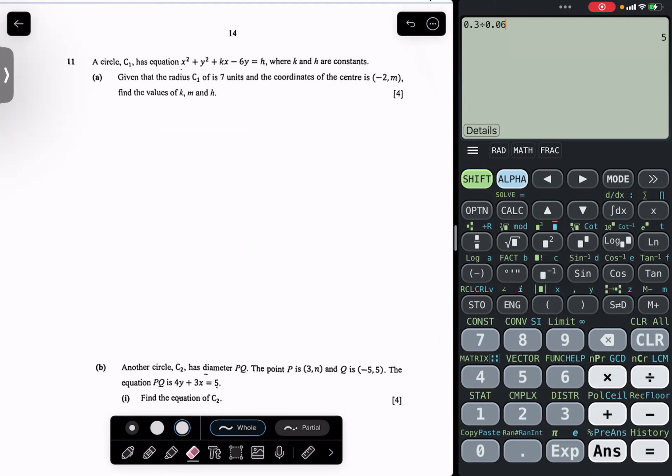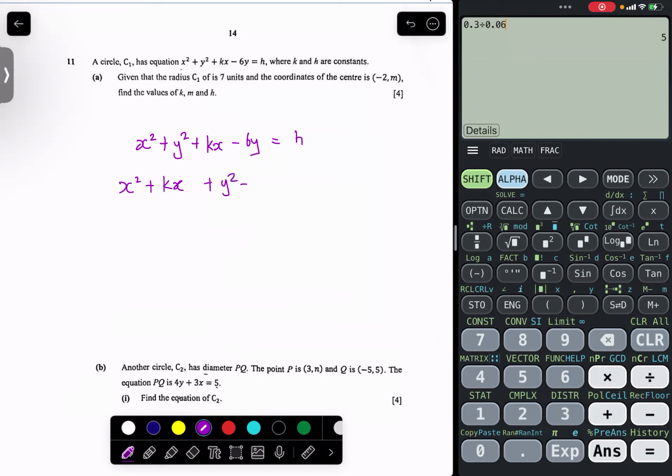So we have x² + y² + kx − 6y = h. So x² + kx + y² − 6y = h.